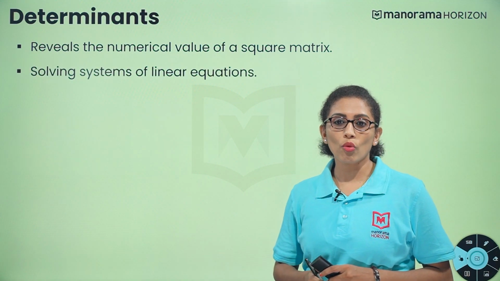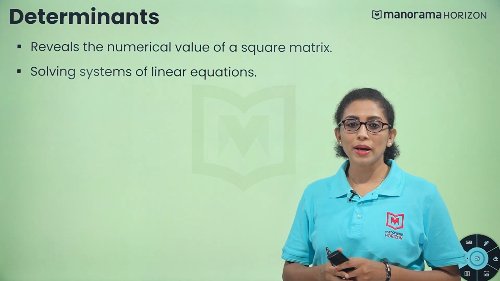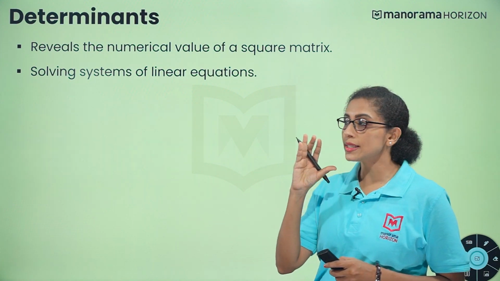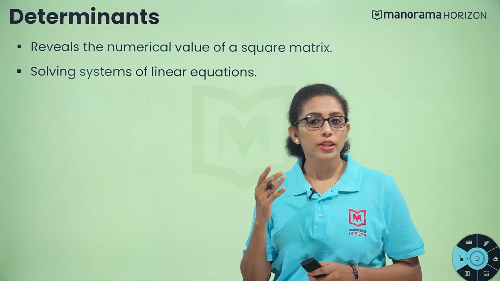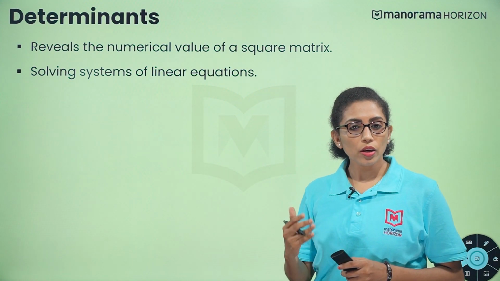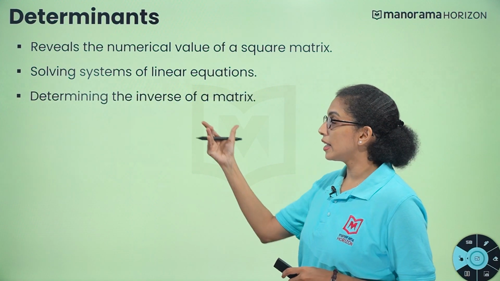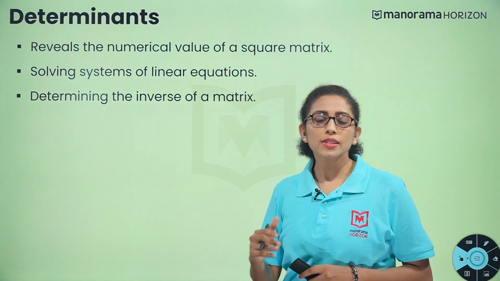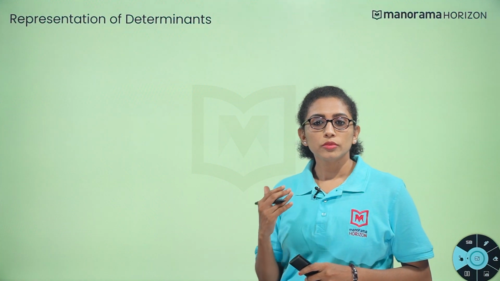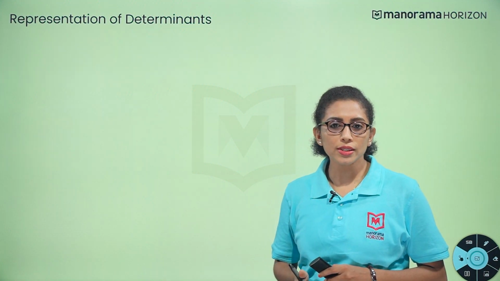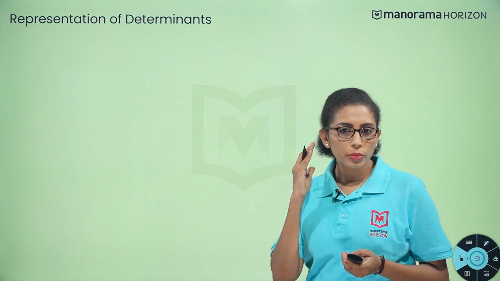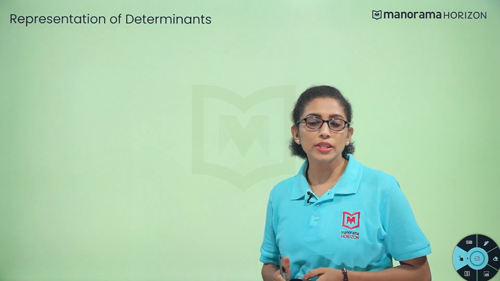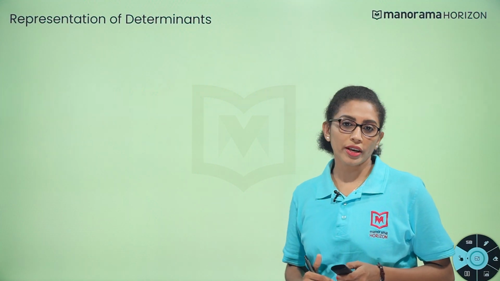The determinant provides information about the matrix that is useful in solving a system of linear equations and also in determining the inverse of a matrix and many more. What is the determinant of a matrix? This is clearly one of the most important topics in matrices and we need to understand it very well.